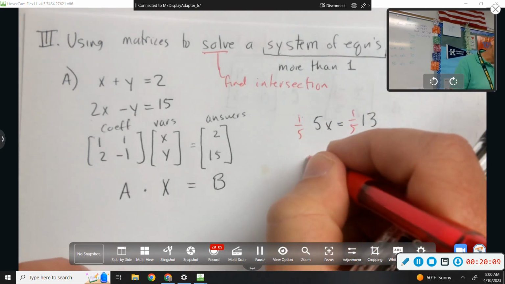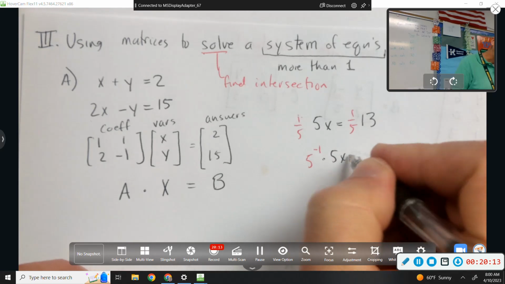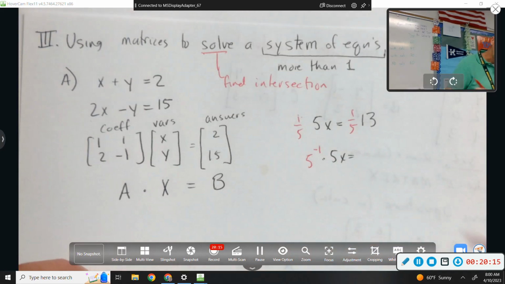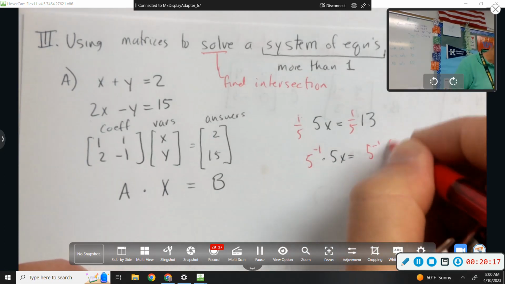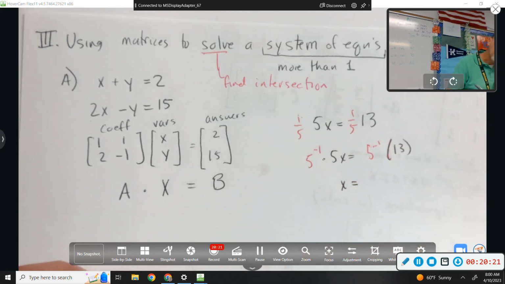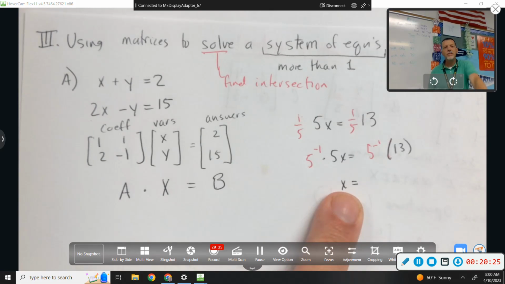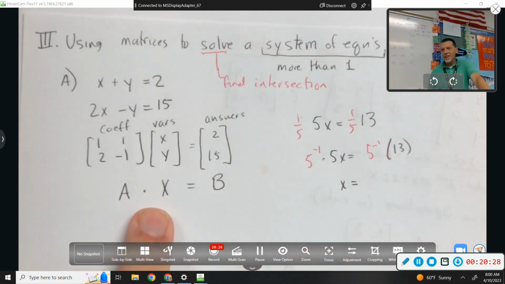Another way to write a fifth would be 5 to the negative 1. Not that you would ever write it that way, but you could. And then you'd have your answer. Now that's a little bit weird, like nobody would do that because you don't need to. But over here, you're not allowed to divide, so you have to multiply.